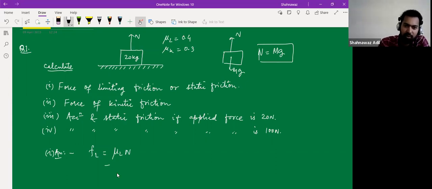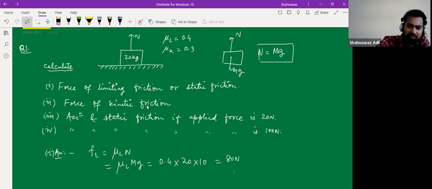So mu L N is mu L mg. So mu L is given 0.4 and M is given 20, and g we know, let's say 10. So this will be 8 and this is 80. So 80 Newton, right?